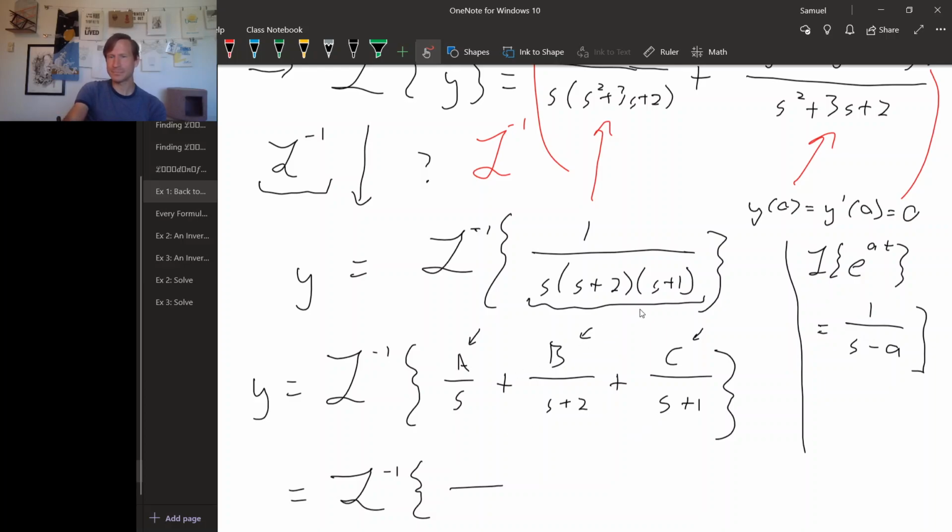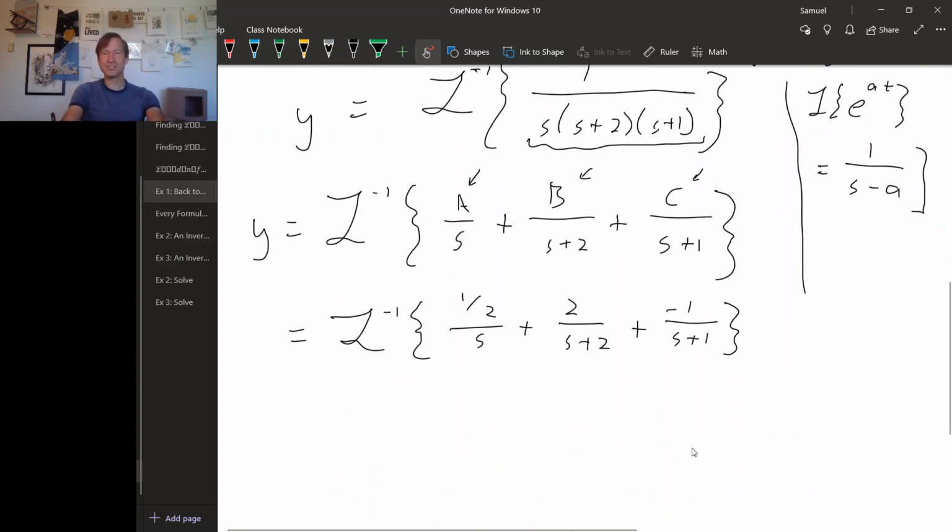If we do the cover-up method, for A we get 1/2, for B we get plus 2, and for C we get minus 1. You can double check me on that.